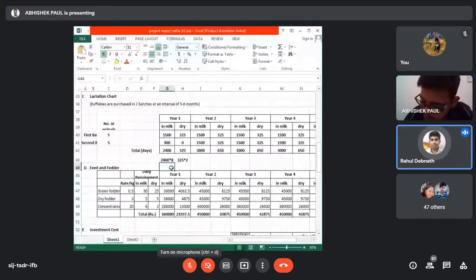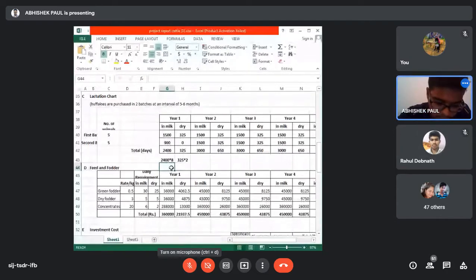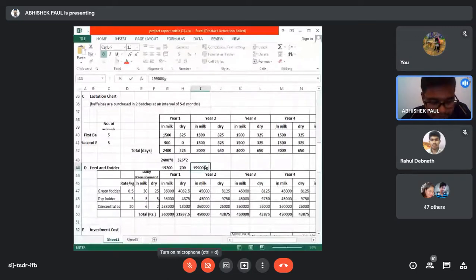So 19,200. This is 19,200, and this is 700. 19,200 plus 700, it is 19,900. Isn't it? This much kg of concentrate is required for the first year. Isn't it? Yes, sir.